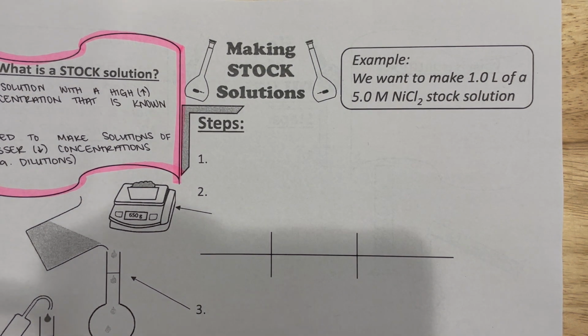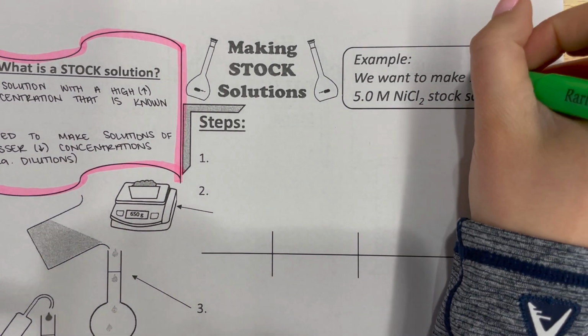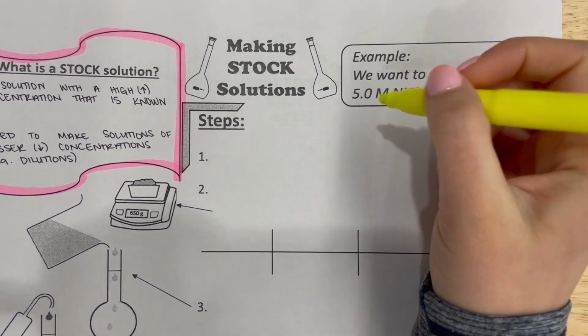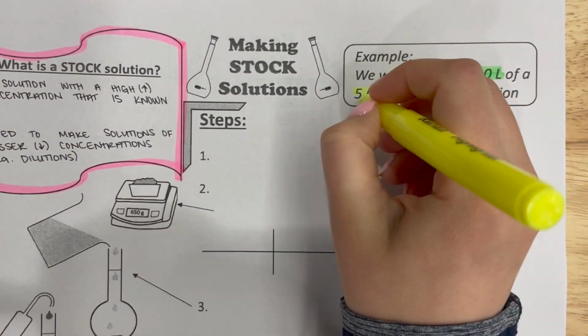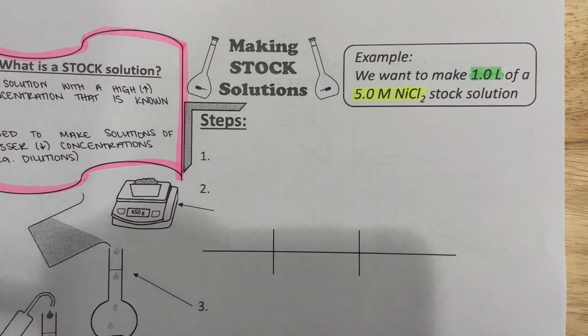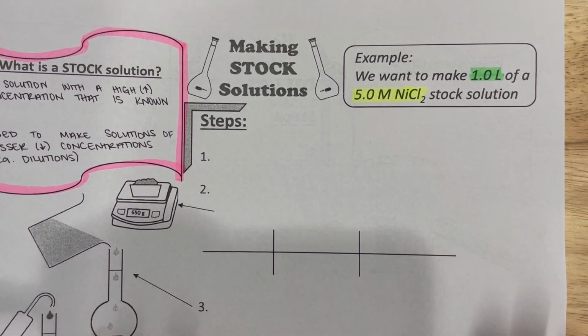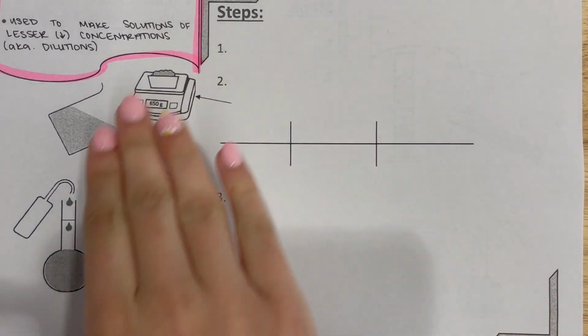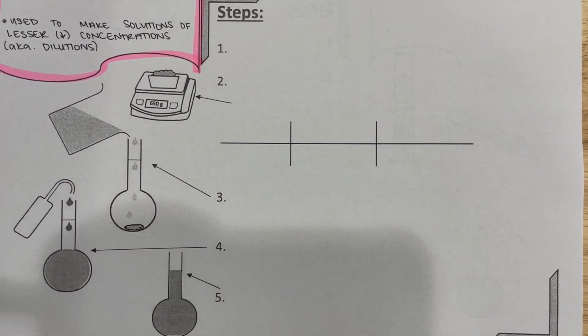So we have 2 values given to us here: this 1 liter value, and this 5 molar nickel chloride value. There are 5 steps to making a stock solution that nicely go along with some lovely pictures here. Let's go through these together.